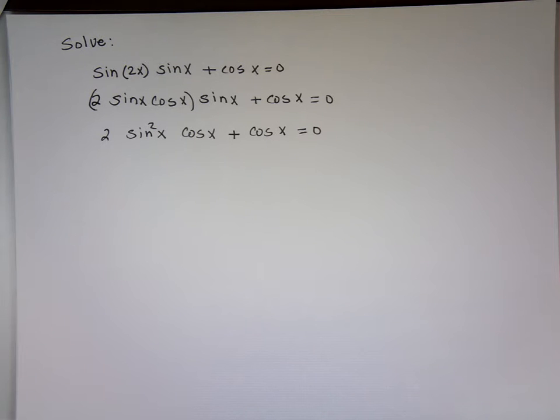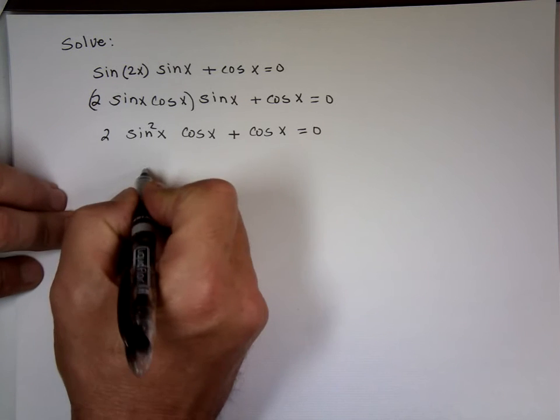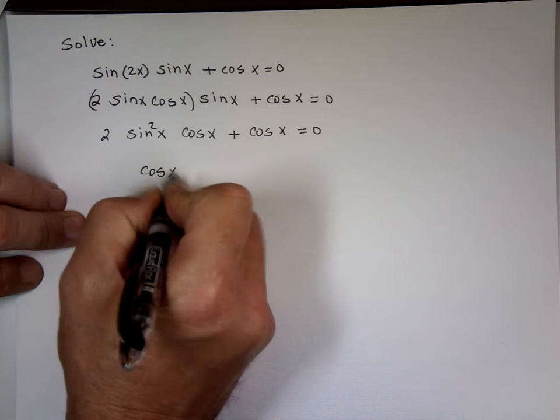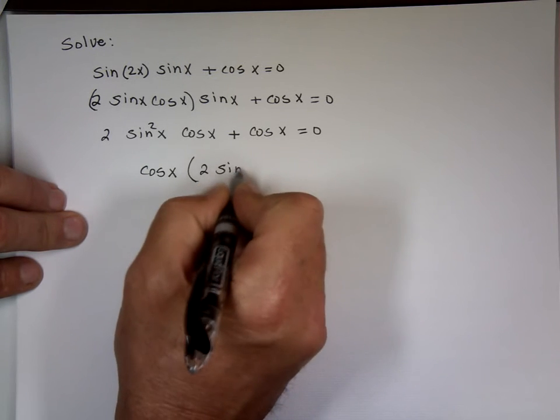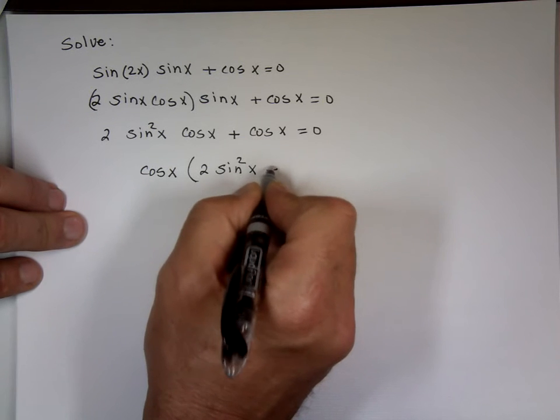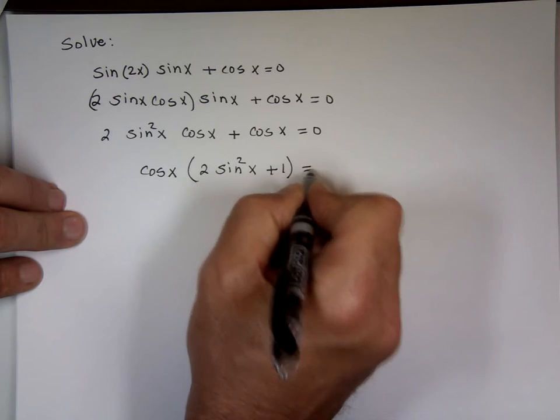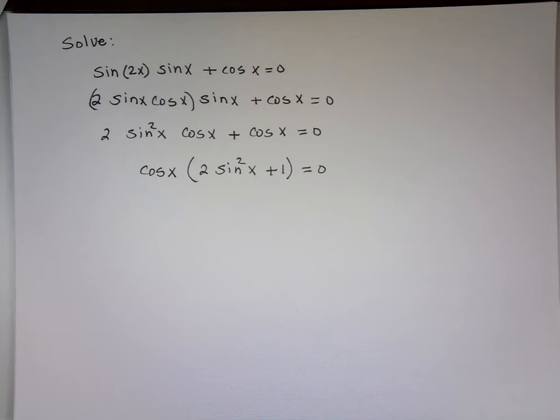Can we factor anything out of this? Let's factor the cosine. Okay, factor cosine x out. If you factor cosine x, what's left? 2 sine squared x plus 1. Remember now, you're multiplying two things and you want your answer to be 0.